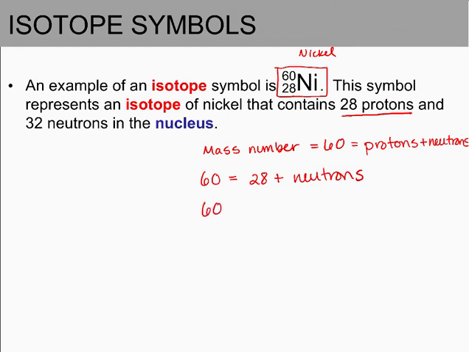So we can take the mass number and subtract the atomic number, and that will give us the number of neutrons for this particular atom of nickel. And we should find that that is equal to 32. So there are 32 neutrons in the nucleus of this isotope of nickel.